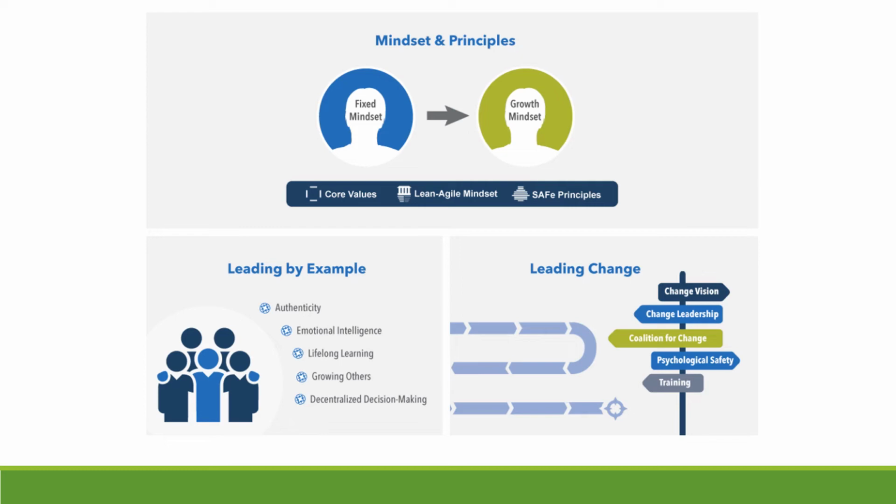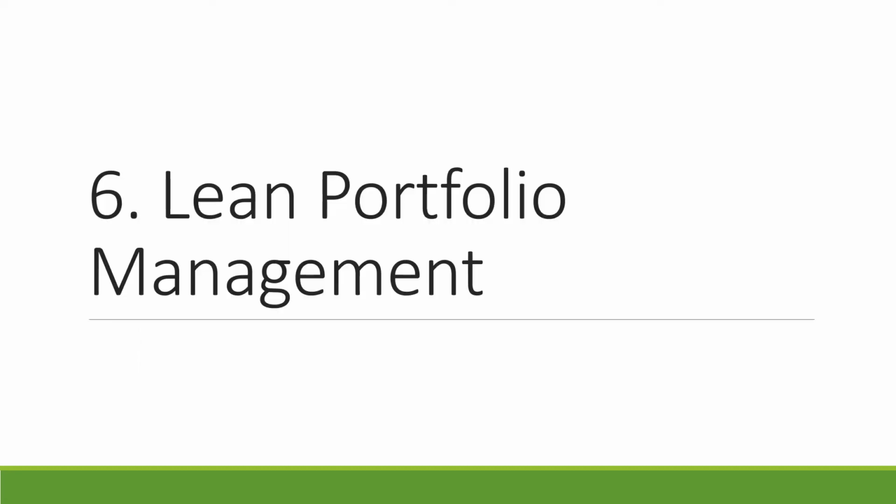Creating psychological safety, motivation for change, training them, providing a change vision, change leadership. These are the areas of the lean agile leadership competency. Building a growth mindset at the leadership level as well as at every leadership layer, and leading by example and leading changes. These are the wonderful competencies you can build in your organization.